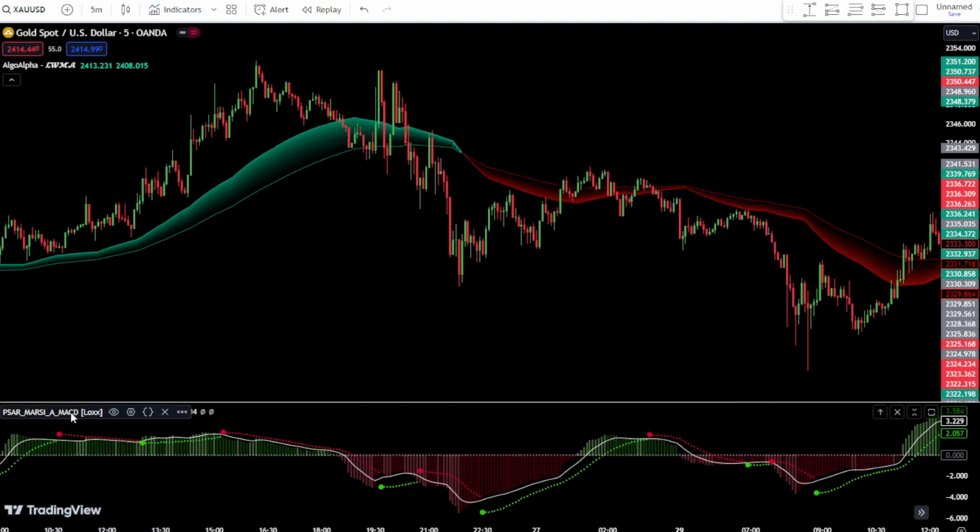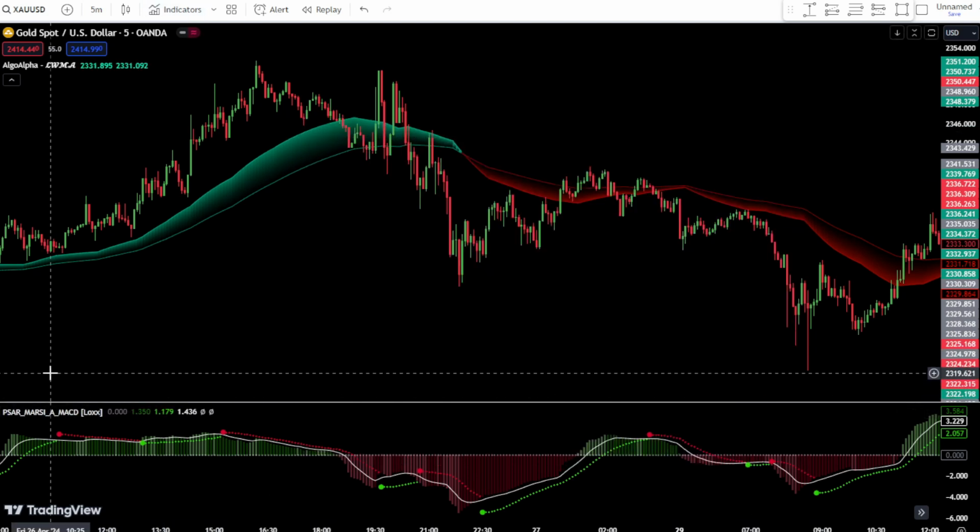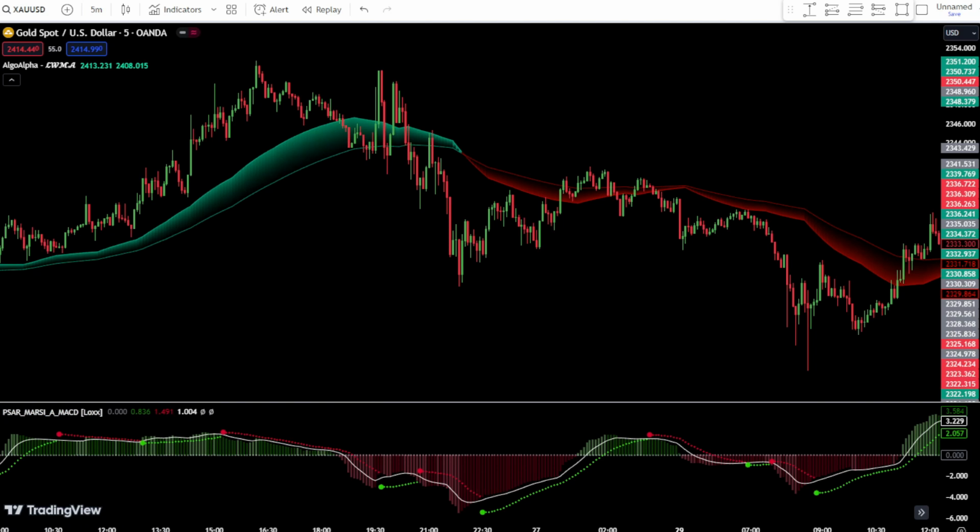This indicator is a combination of the Parabolic SAR, RSI or Relative Strength Index, and MACD indicators. The green and red dots represent the Parabolic SAR. The white line is the MACD line, and the histogram bars are part of the RSI indicator.